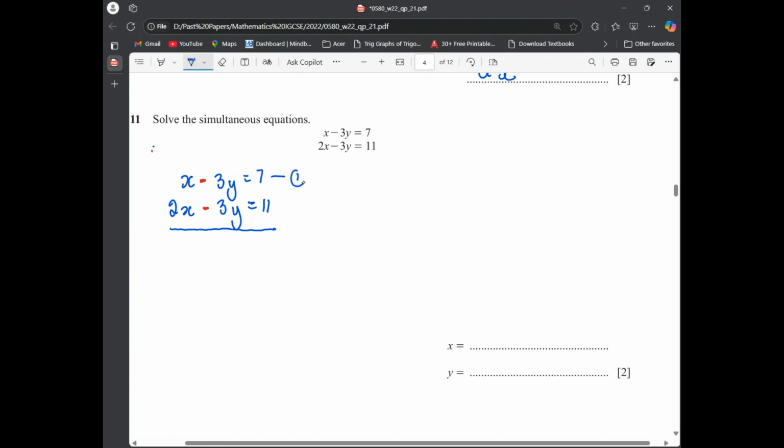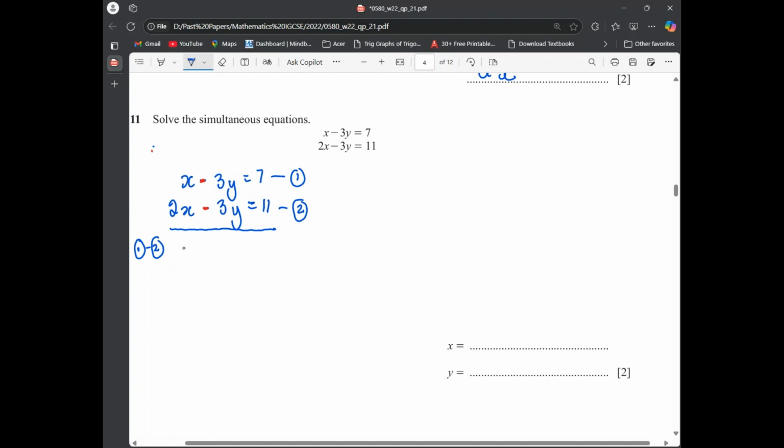Label this as your equation 1, label that as your equation 2. Now I'm going to say equation 1 minus 2. You can say 2 minus 1. Some people might say, but you've got bigger numbers in 2. That is absolutely fine. 1 minus 2, let's challenge ourselves.